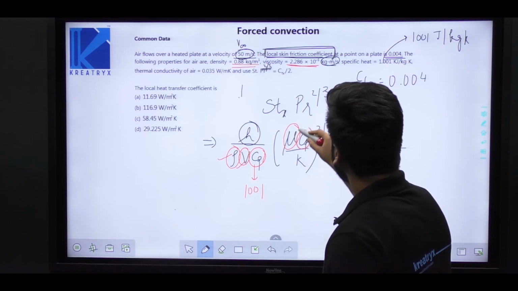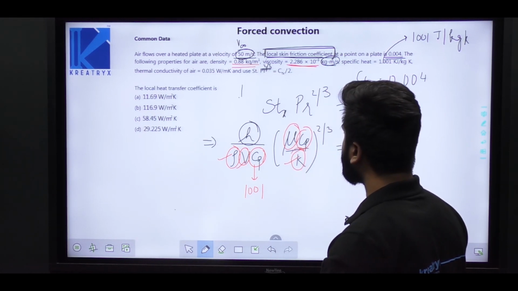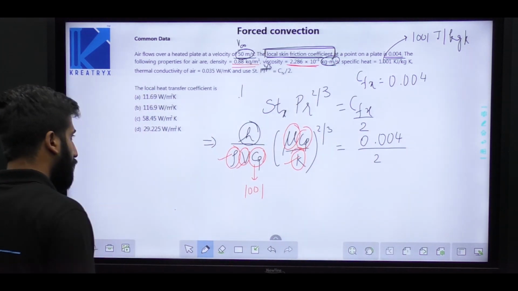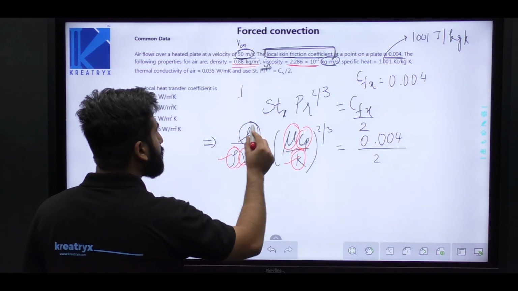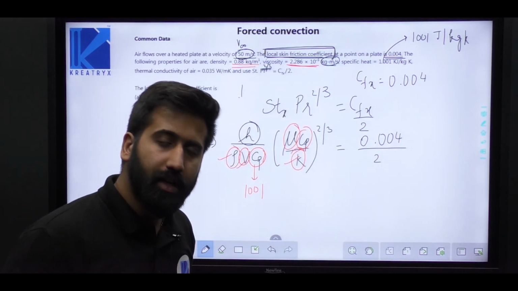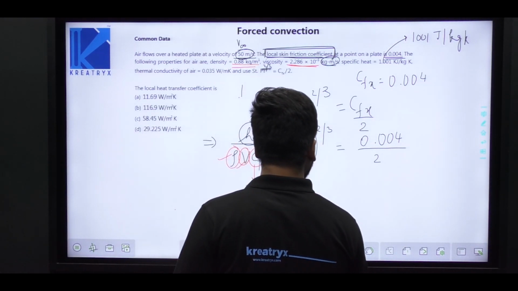K, thermal conductivity of air, is given. So everything is given to you. You have to directly find H. This is the only relation that relates the drag coefficient with the local heat transfer coefficient.